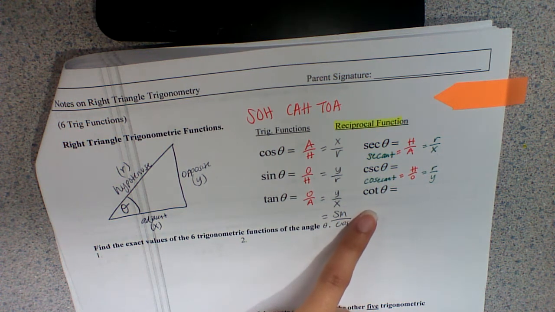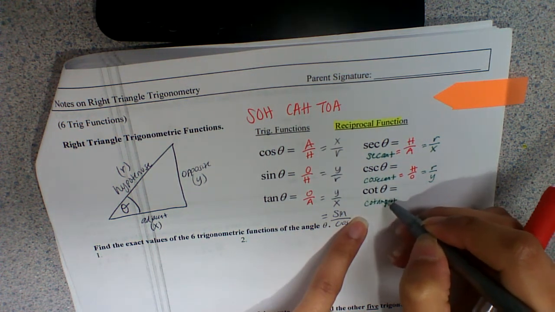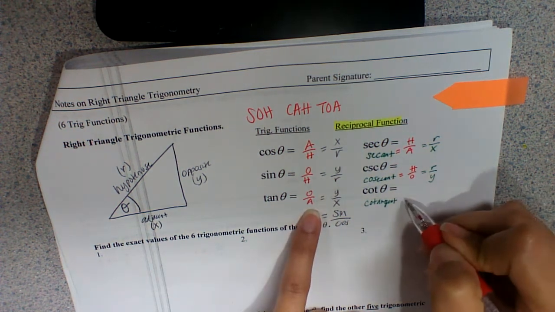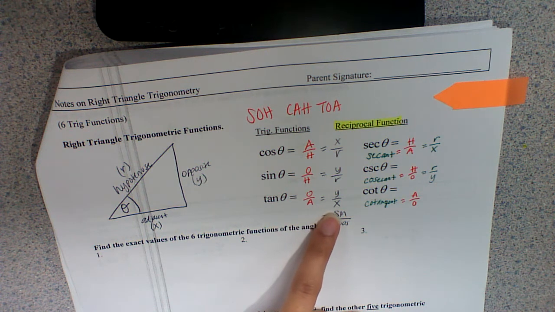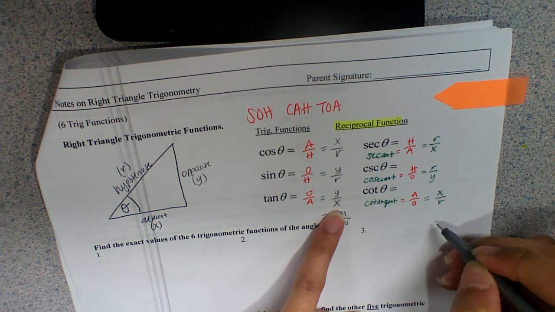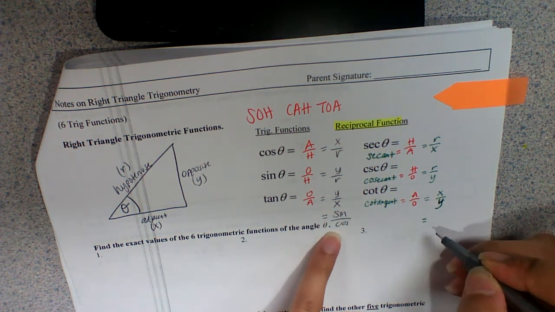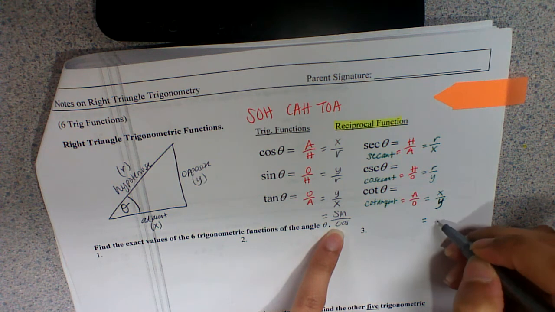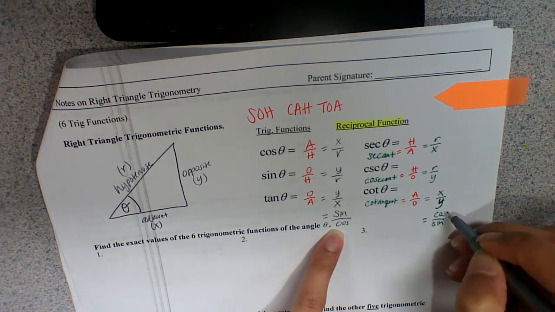But its reciprocal, cotangent, is going to be adjacent over opposite, which in this case is going to be x over y, which is also the reciprocal of this right here. So cotangent will be cos over sine.